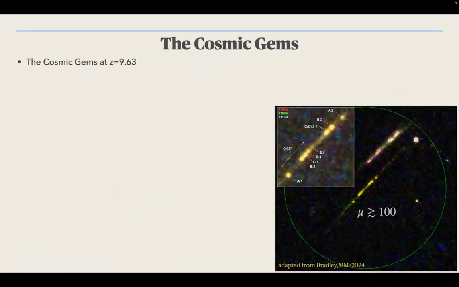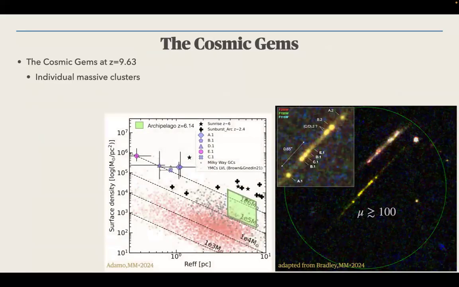So to conclude, the last example is this other galaxy I'm working on, Cosmic Gem. This is at even higher redshift, 9.6. Again, we see compact emission here, and it turns out that since it has a very large magnification, these are individual clusters, with sizes of about 1 parsec, which are these colored points here.